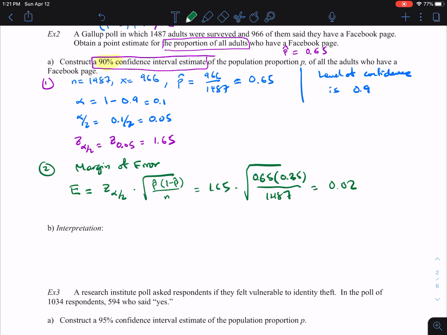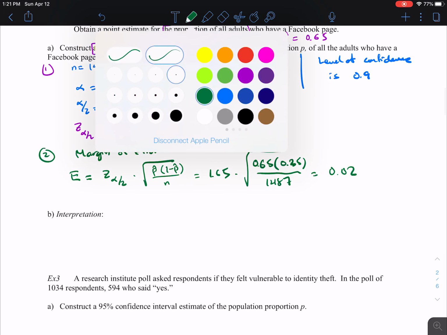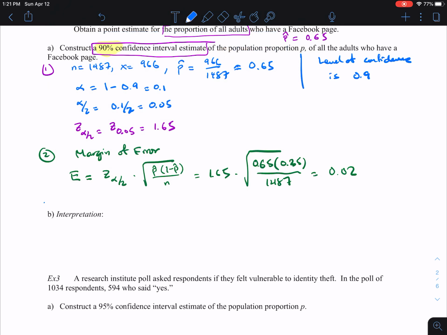So now put all this together. The third step is to say our 90% confidence interval is now p hat minus E, p hat plus E. That's the same thing as 0.65 minus 0.02, 0.65 plus 0.02.